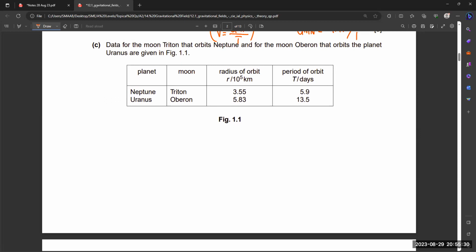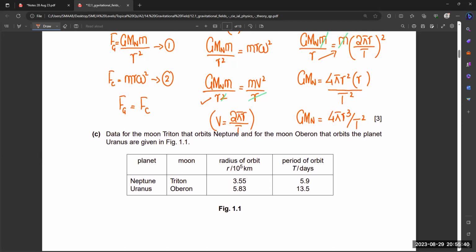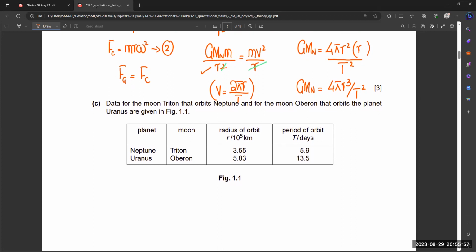Any idea how to find their masses and then their ratio? We will use the above equation. Yes. Because your question is interconnected, one by one you are connecting your previous part with the next part. In the previous equation you observed that radius and time period were there, so we only need to find the value of m. So let's suppose we first find it for Neptune.